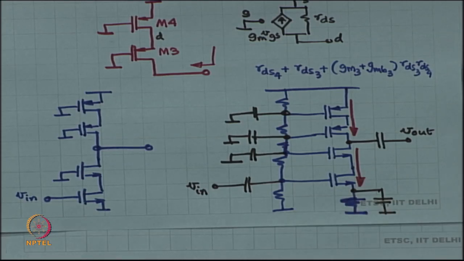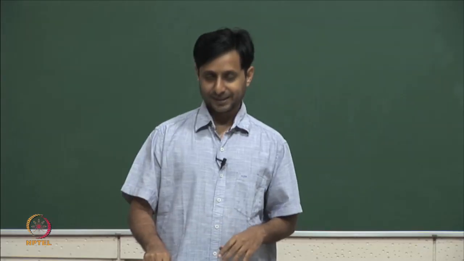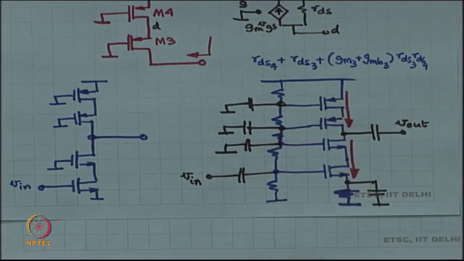The value of the current has to check out, okay. Otherwise very strange things are going to happen. It has to have equal bias current through all of them, you can't have some bias current through this one and some other bias current for the next one. That is not really going to work out.